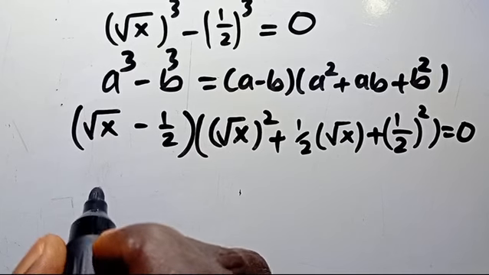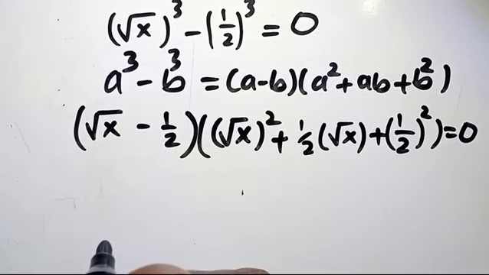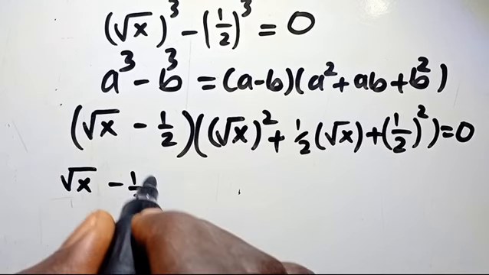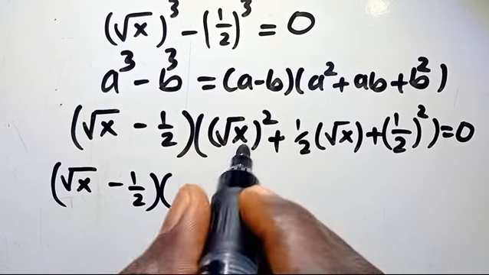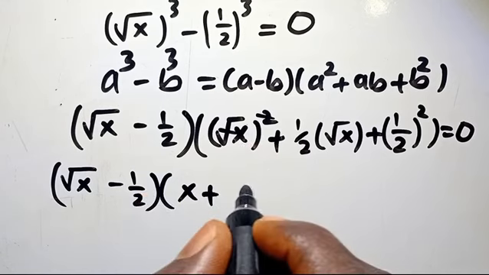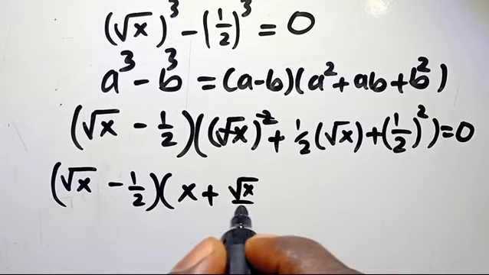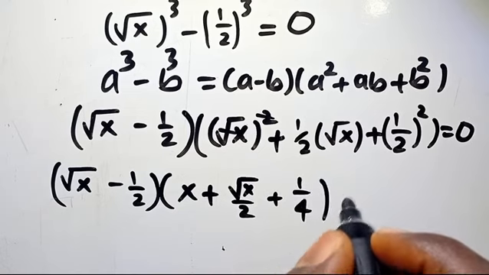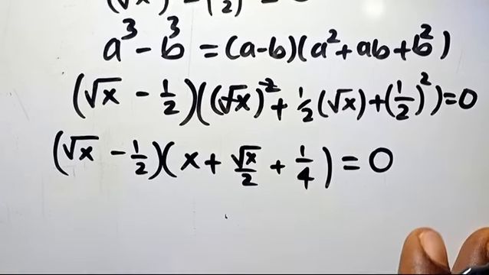So from here we have (root x minus 1 over 2) times (x plus root x over 2 plus 1 over 4) equals 0.